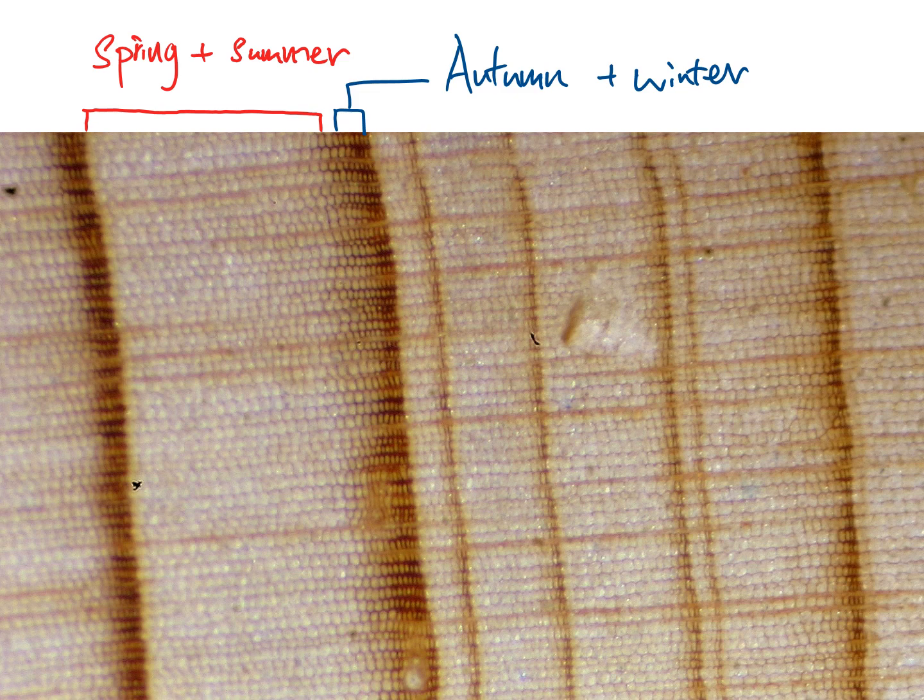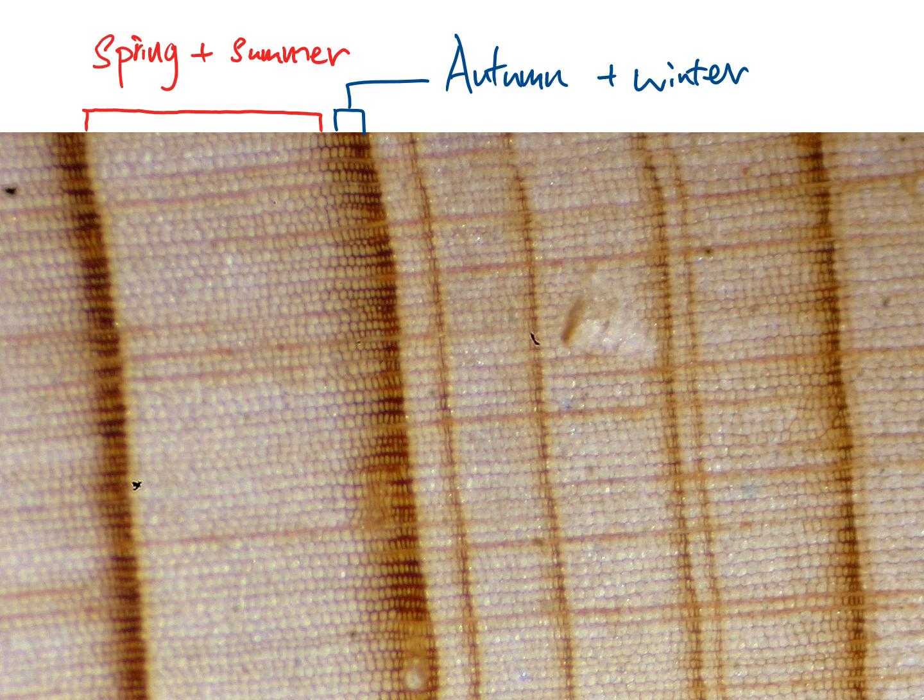But the growth of the xylem is slightly different in different seasons. In spring and summer, because there is a lot of water in the environment, the plants tend to produce xylem with a very big lumen.